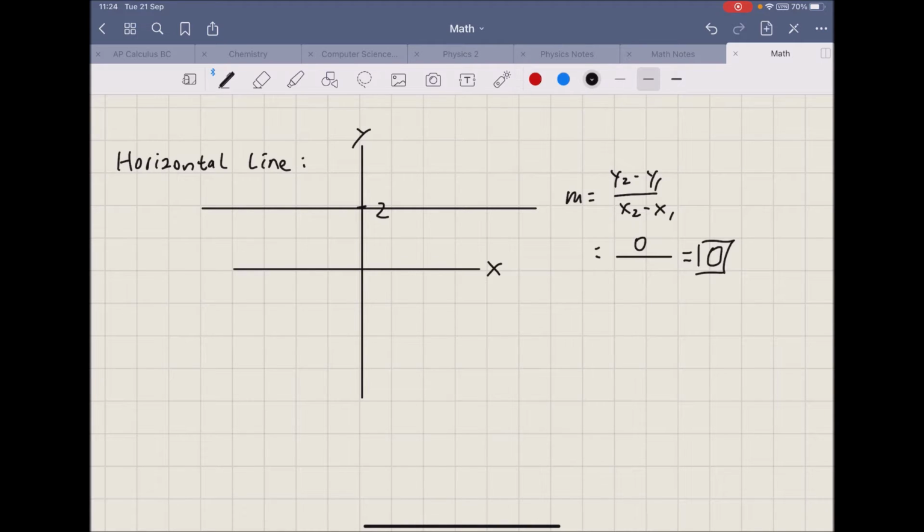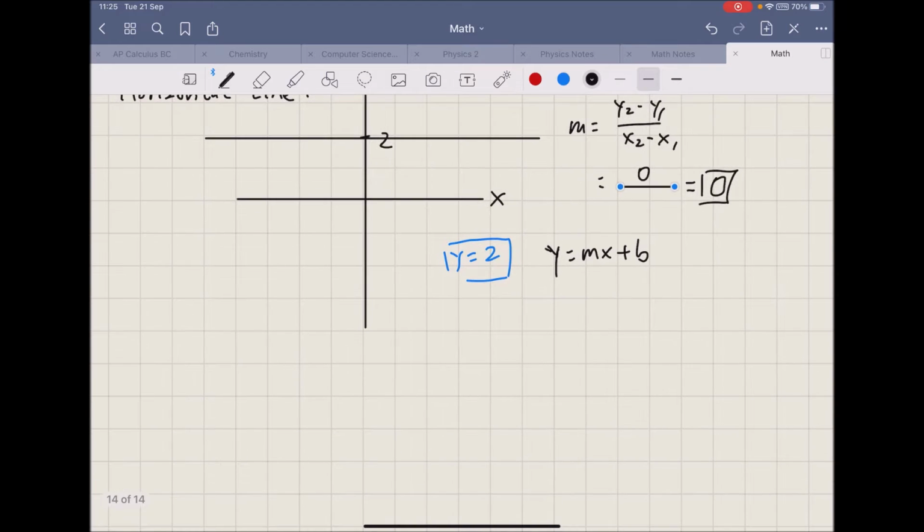And well, how do you write the equation? As you can see, the horizontal line intersects the y-axis. So the formula for this line will be simply y equals 2. And that's it. Notice the normal formula is y equals mx plus b, right?